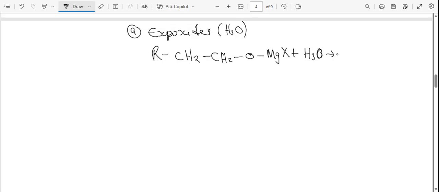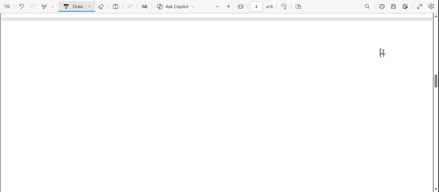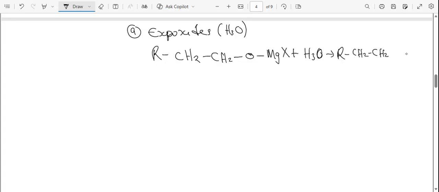So now the demonstration will be the R that we had there and the group that we had there, 2. Then again we have 2. Then from the hydronium, what remains is water, and the H will be attached there.